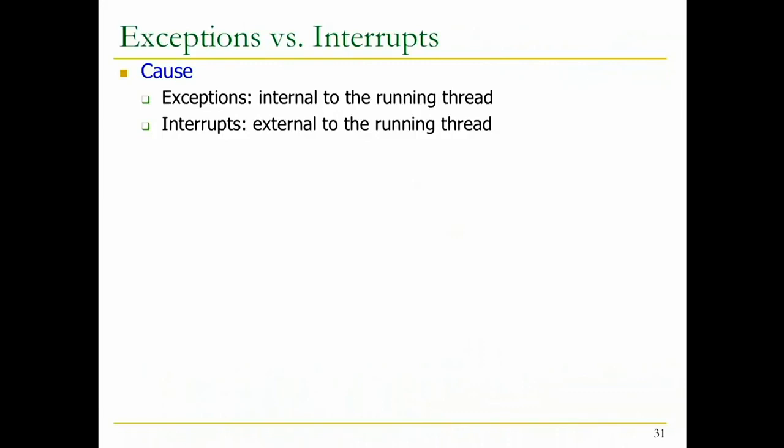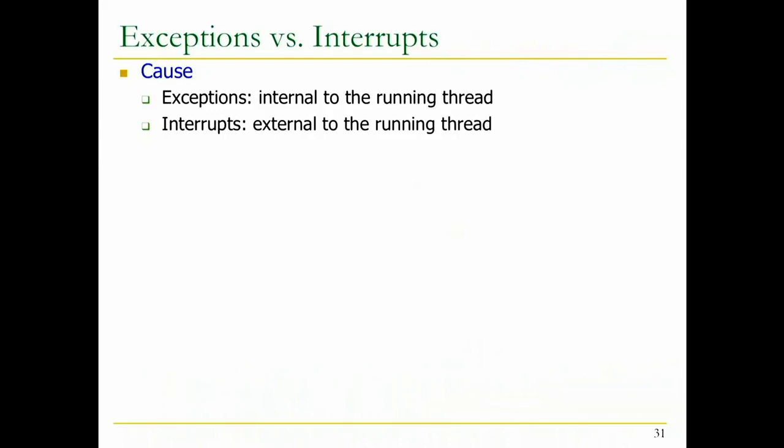Basically, an exception happens because an instruction got a value that you cannot operate on. So for example, you cannot divide by 0. Dividing by 0 is basically not defined, right? So that's an exceptional condition. And that's caused by the program itself. The instruction itself caused that problem, right? It's not coming from the outside, external world.